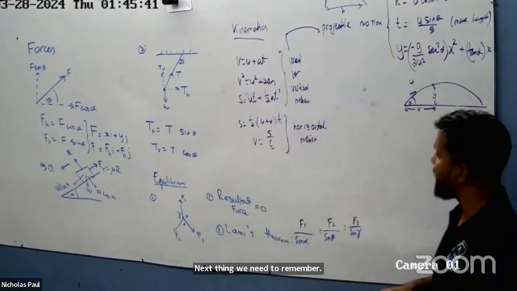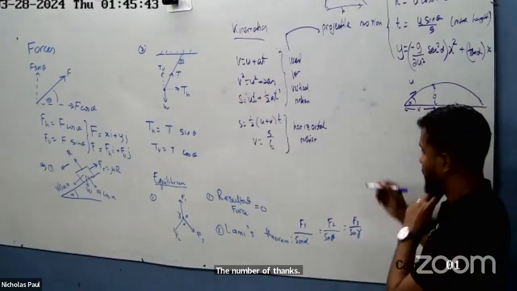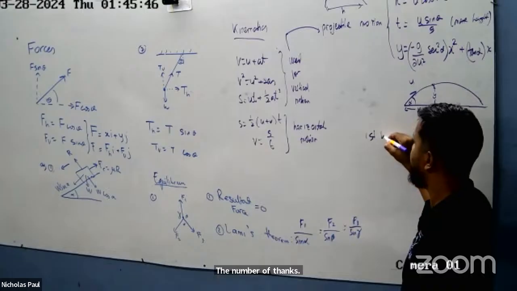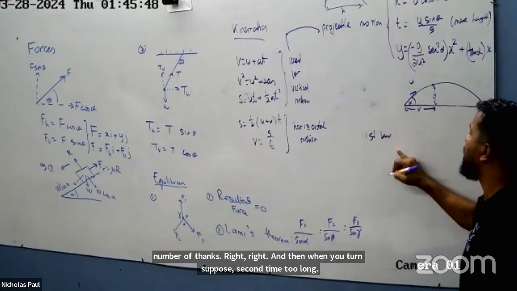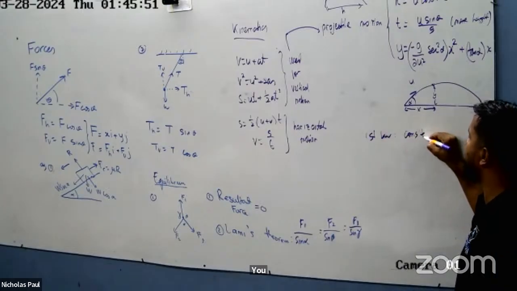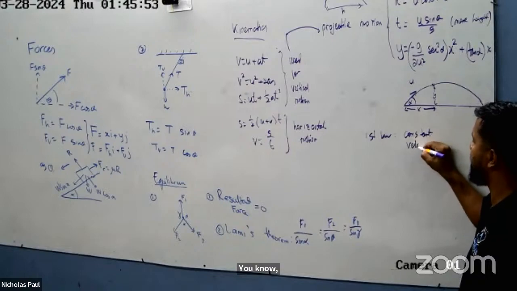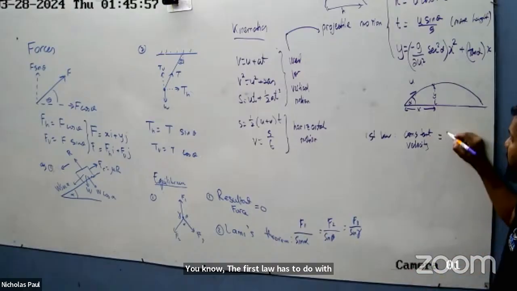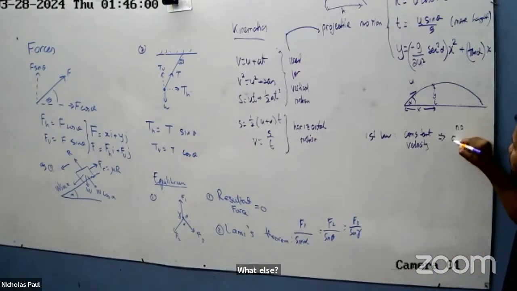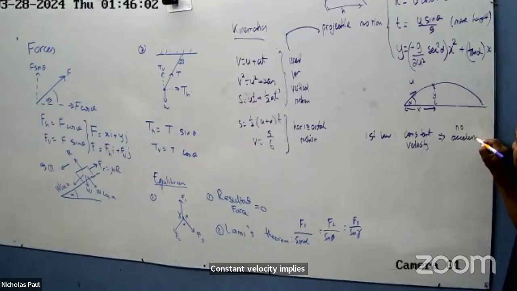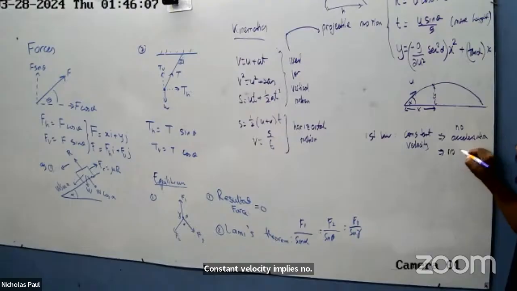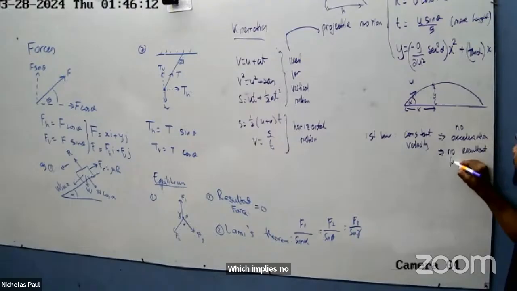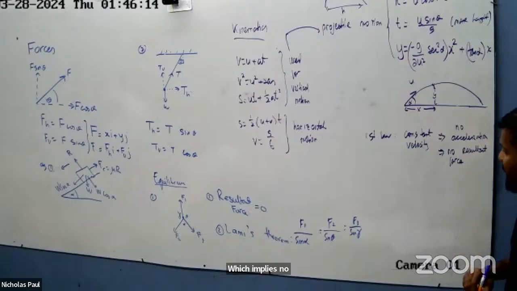Remember Newton's first, second, and third law. They don't ask the laws, but the first law has to do with constant velocity. What does constant velocity imply? Constant velocity implies no acceleration, which implies no resultant force. That's the first law.